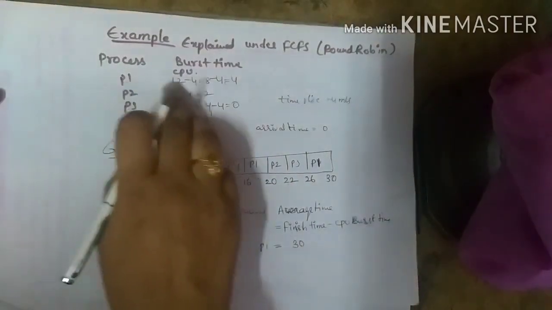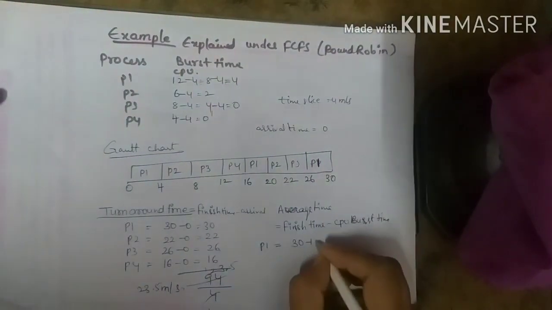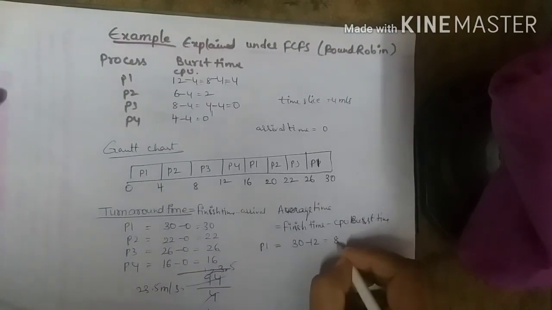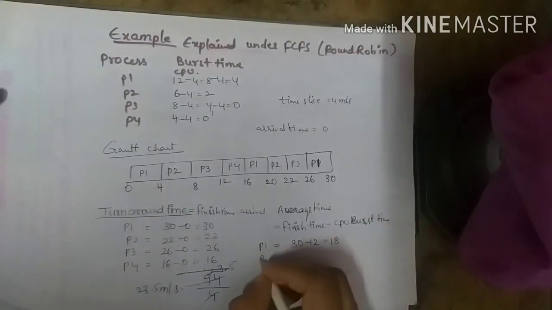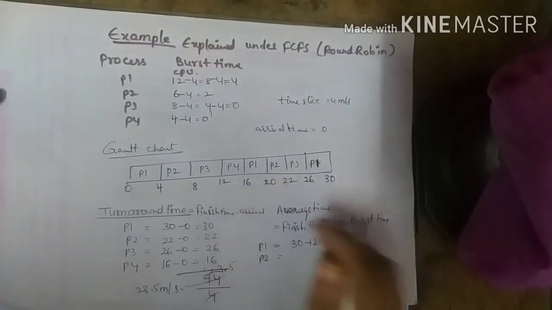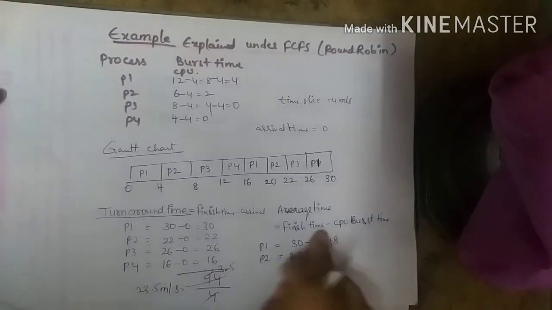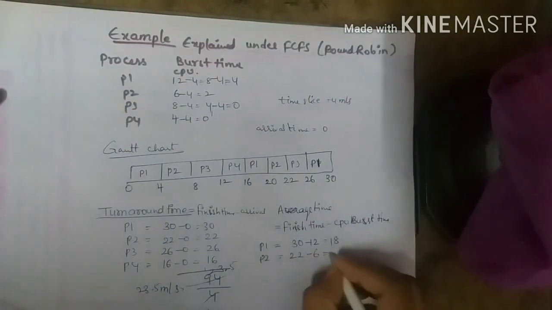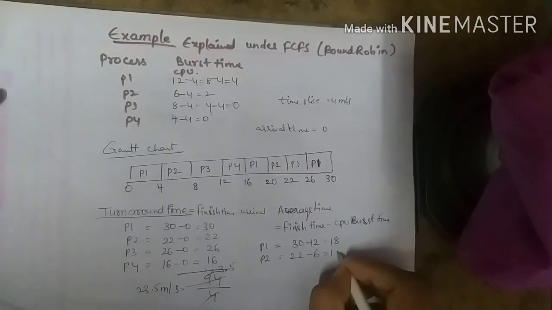What is the CPU burst time for this? 12. That is minus 12. What are we going to get? 18. For P2, the finish time is 22. And now, the CPU burst time for P2 is 6. Means that is 16.